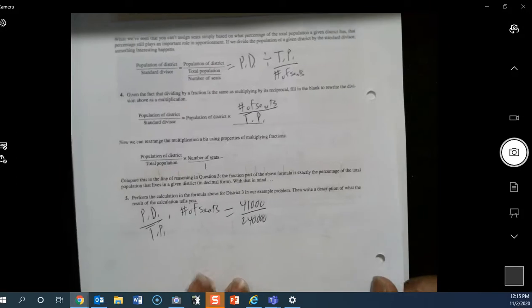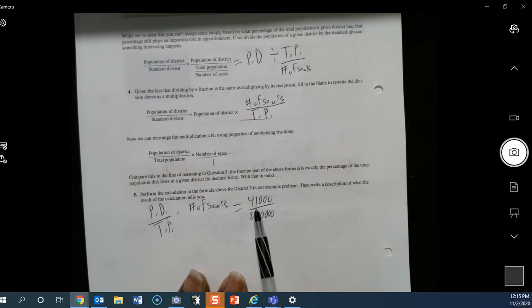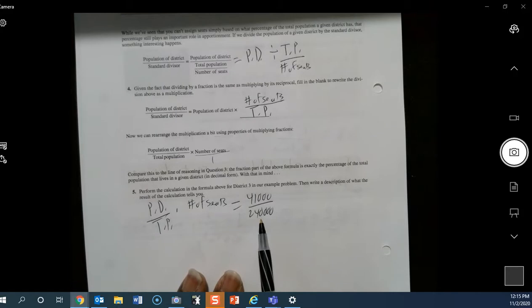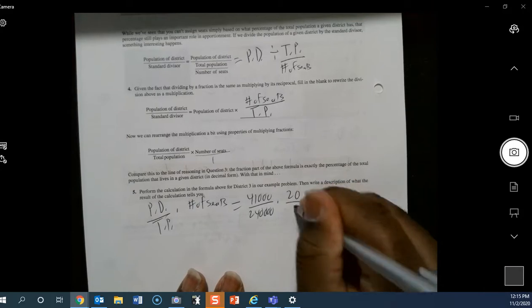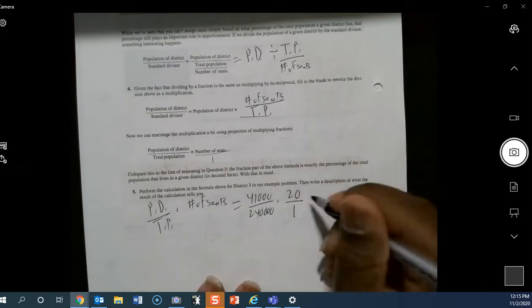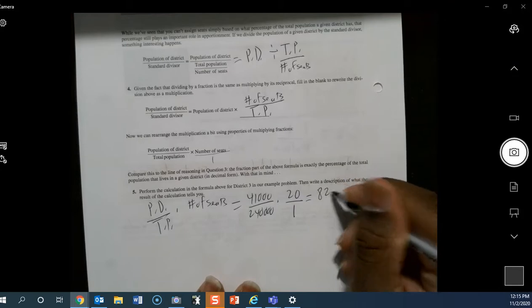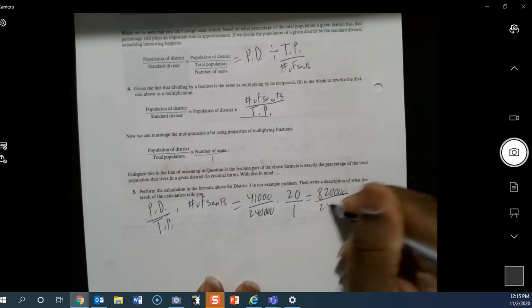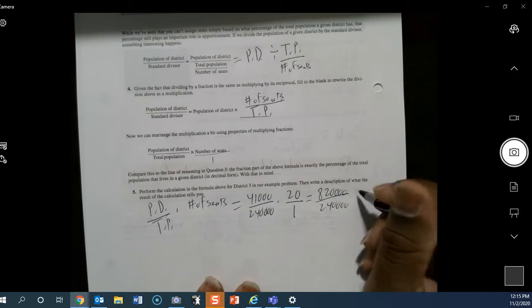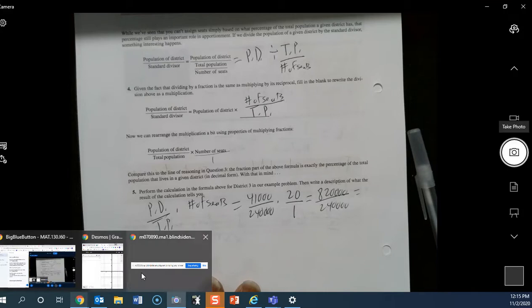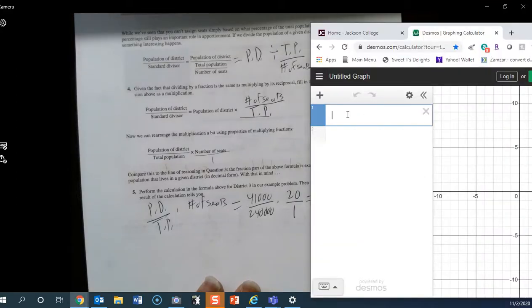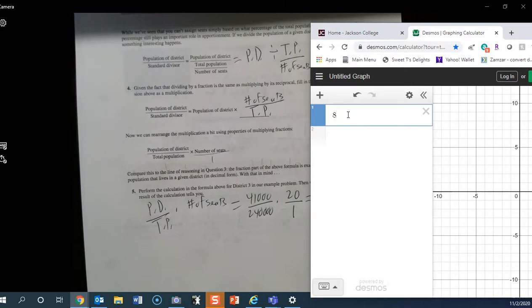Okay, so now, took the population of the district, which was 41,000, the total population, 240,000, times the number of seats. The number of seats is 20, and we can put that over 1. So when we multiply this, this will give us 820,000 divided by 240,000. And when you put that in your calculator, let's pull up Desmos. We had 820,000 divided by 240,000.